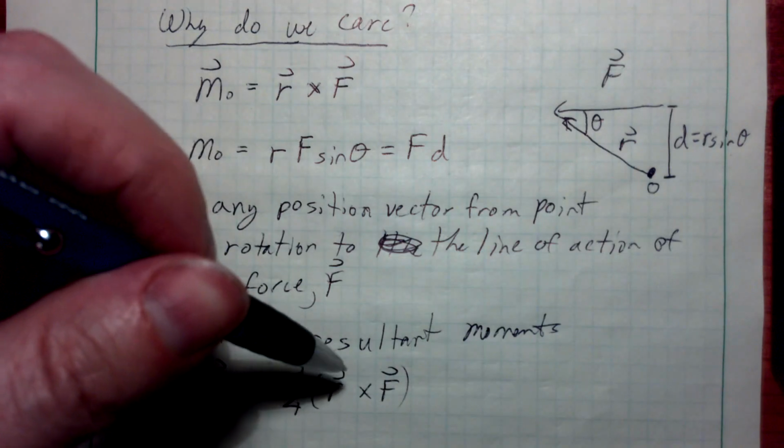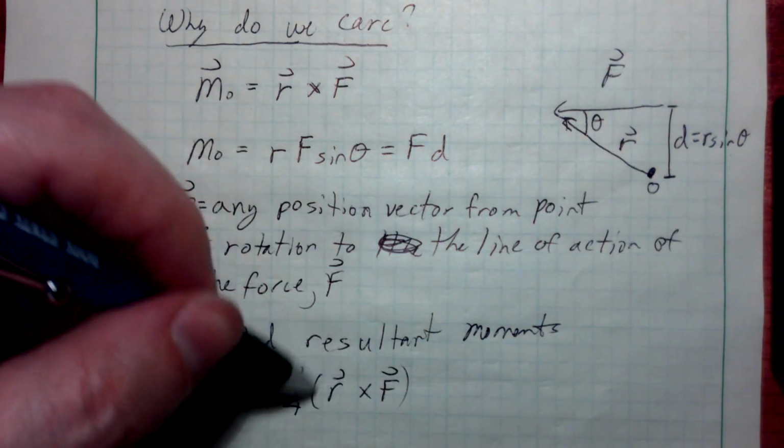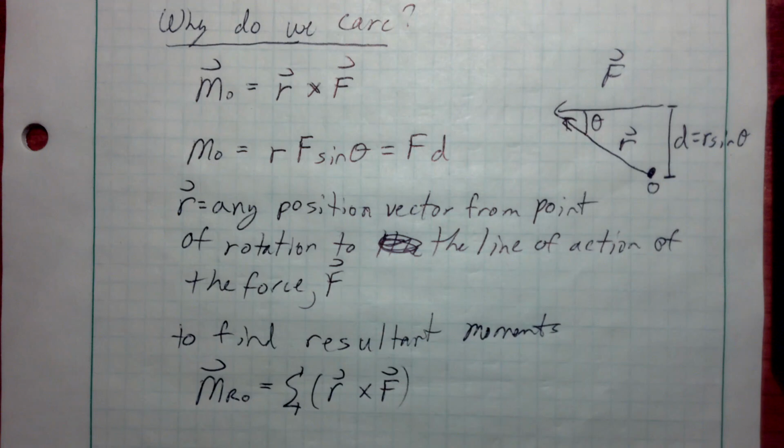We're going to add up the result of this position vector crossed with that force vector.